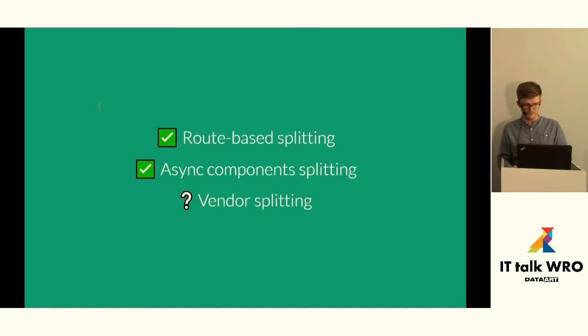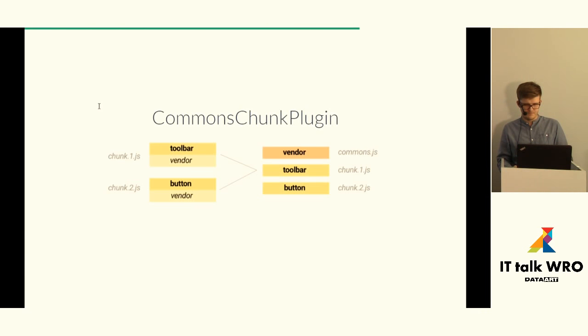It's vendor splitting. What is it? For example, you added 7 third-party dependencies to your application, and after that you just stopped. And instead of adding third-party dependencies, you write your code, and you release new features every day, right? And when you do a release, every JavaScript file is changed a little bit, and the hash of the JavaScript file will be different.